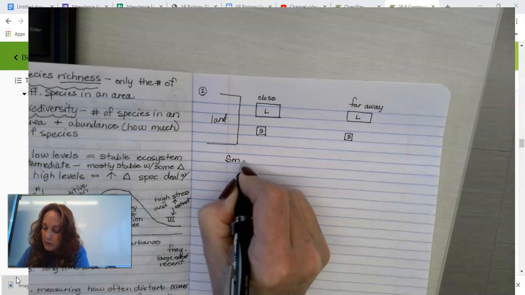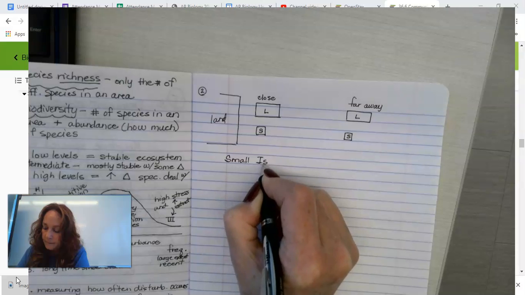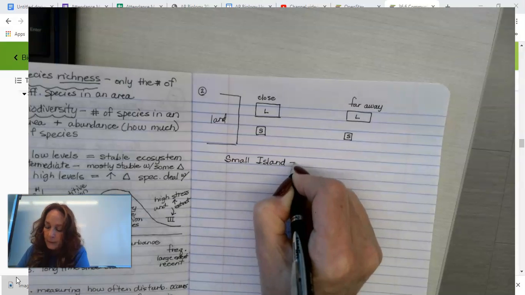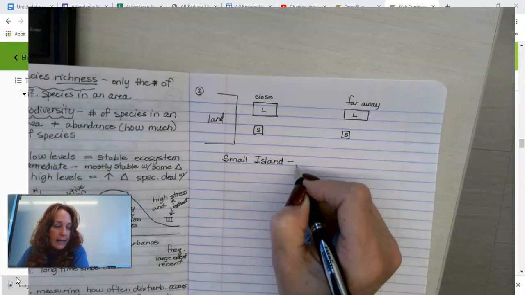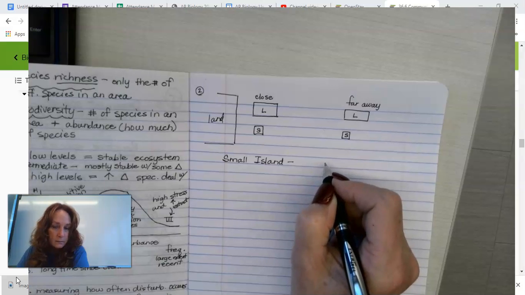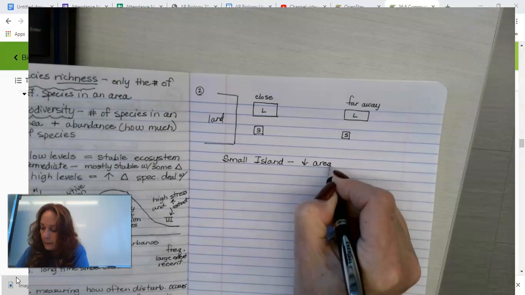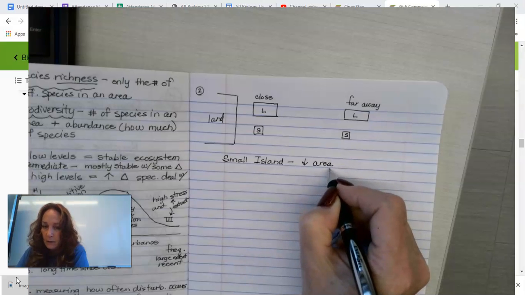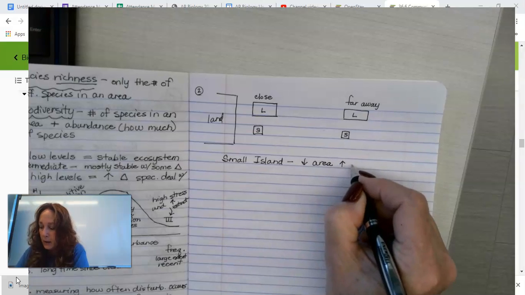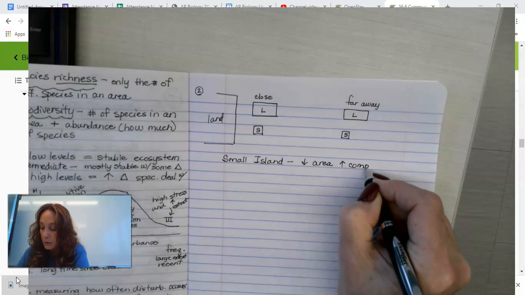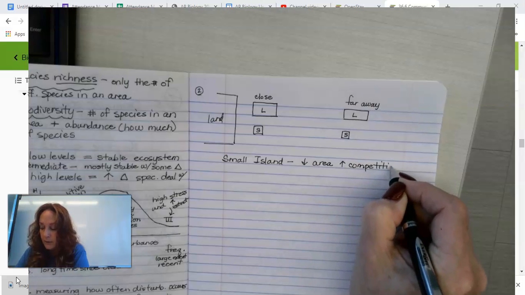So let's think about what we have here going on. For a small island, you're going to have less area, right? And if you have less area, then you're going to have high competition because they're all living on top of each other.